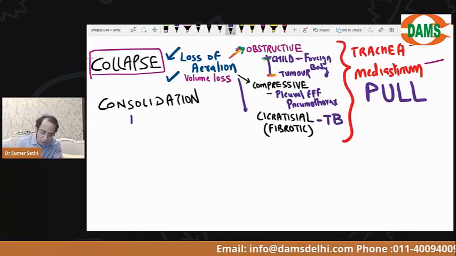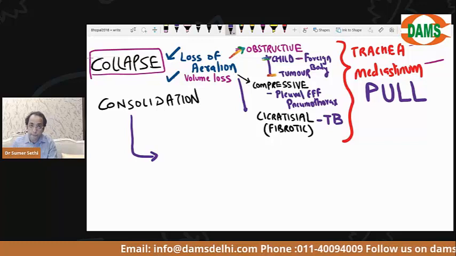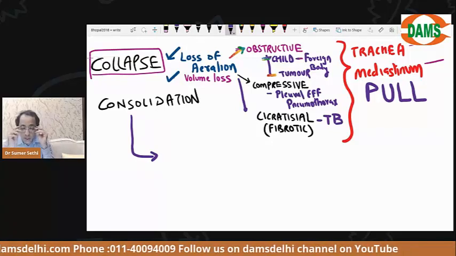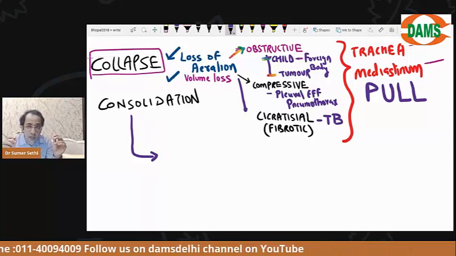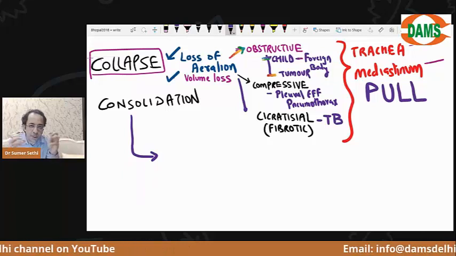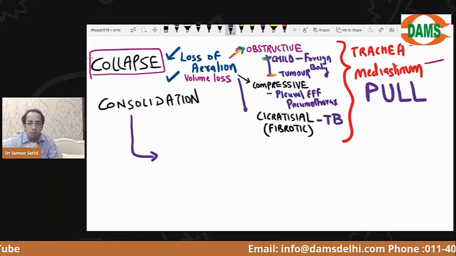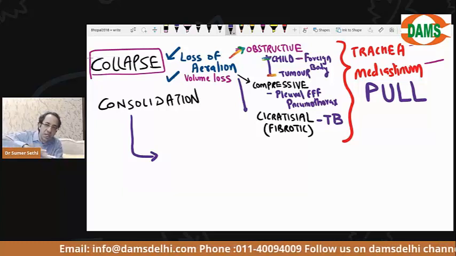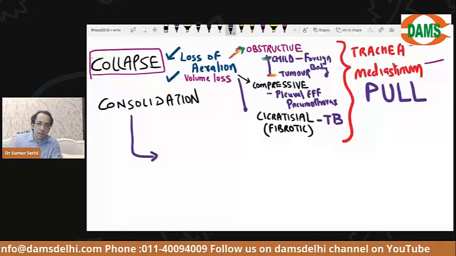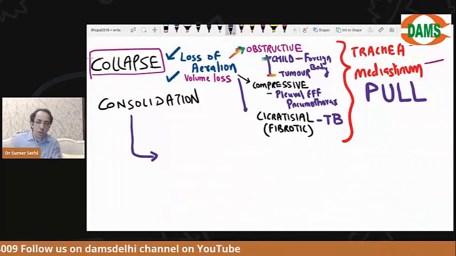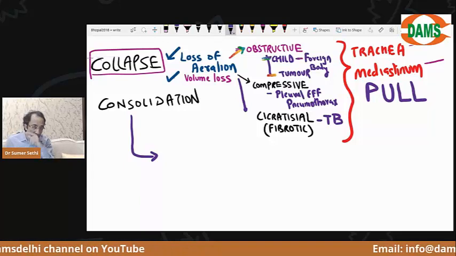Okay, what about consolidation? What is consolidation? Now imagine I take a tire of a truck and fill it with sand. What will happen? Sand will replace the air in the tire. So now there will be no air, but there will be no volume loss because something else has been added there.